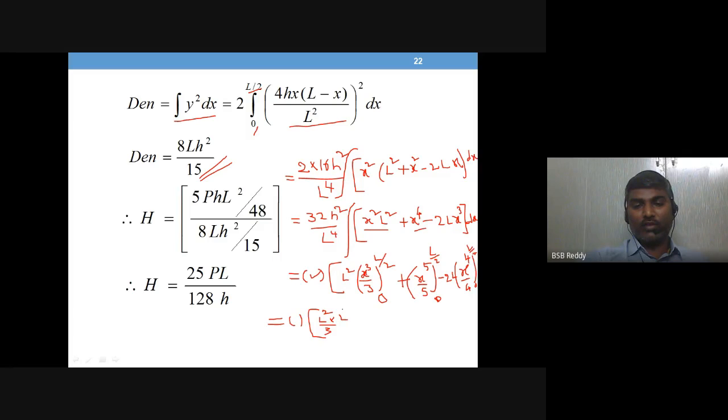So L cube by 2 cube is 8, plus lower limit you need not worry, 0. 1 by 5 is already there. x power 5, you substitute L by 2 for x. So L power 5 divided by 2 power 5, which is 32.